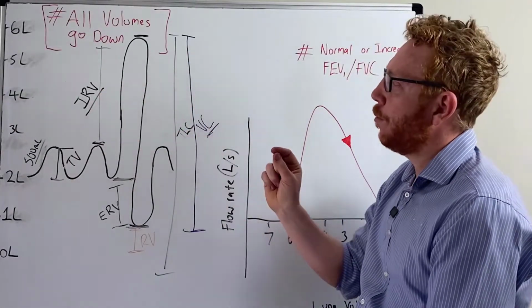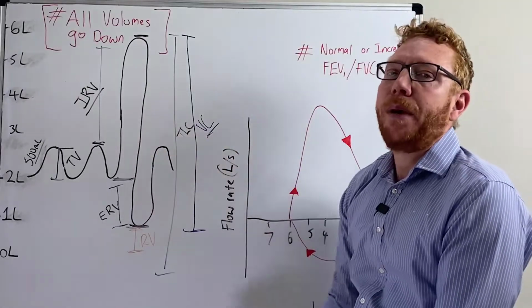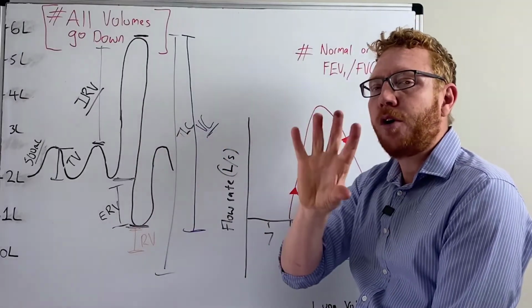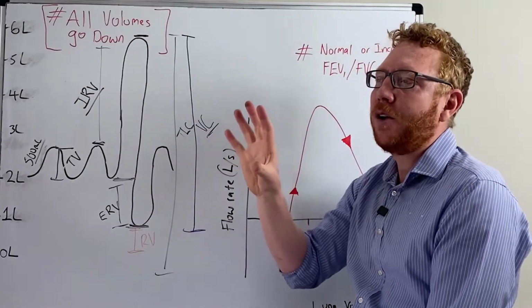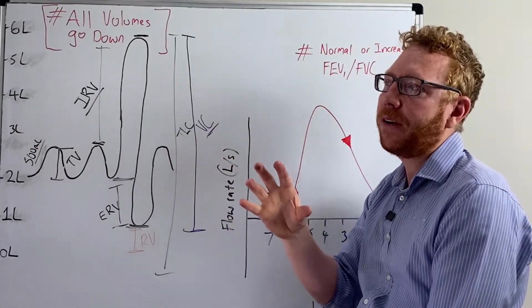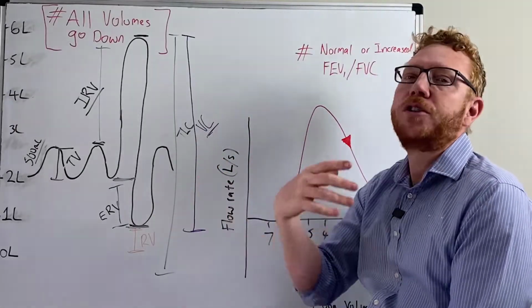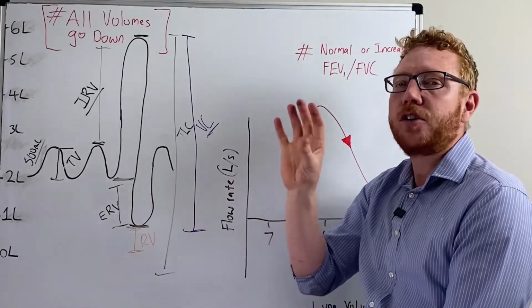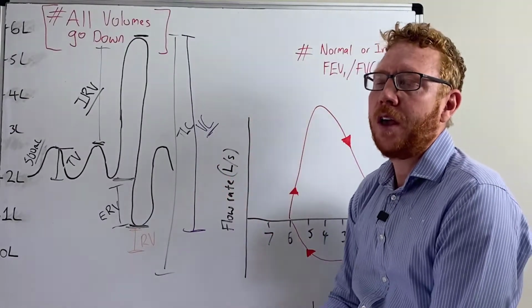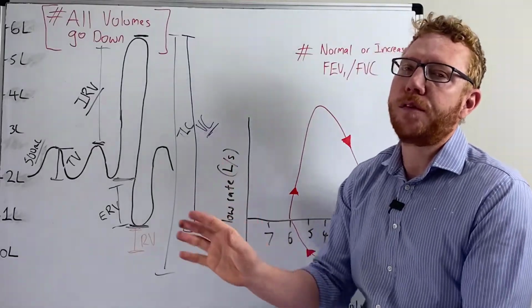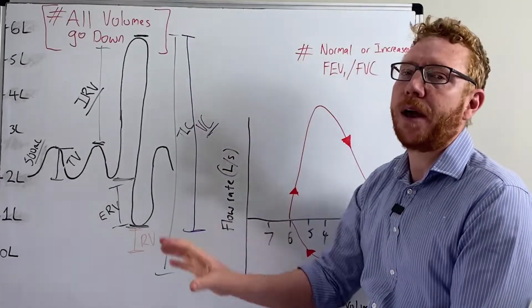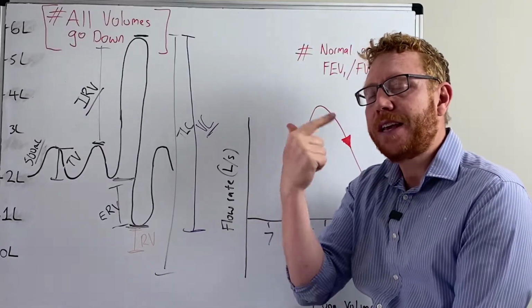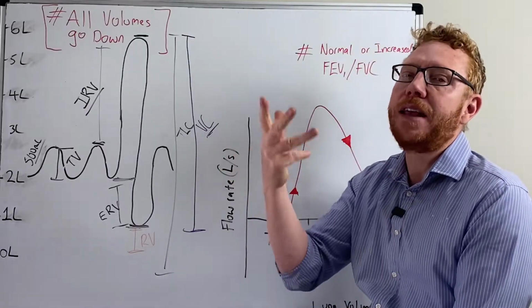Now remember, before we move on, we always compare it to your perfect self, meaning what your lungs should be. You don't compare it to, say, Dr. Mike or to Donald Trump or to some athlete. You compare it to what you should be. And so the variables that you should know for your patients to be able to do that comparison are their age, their sex, their race, and their height.